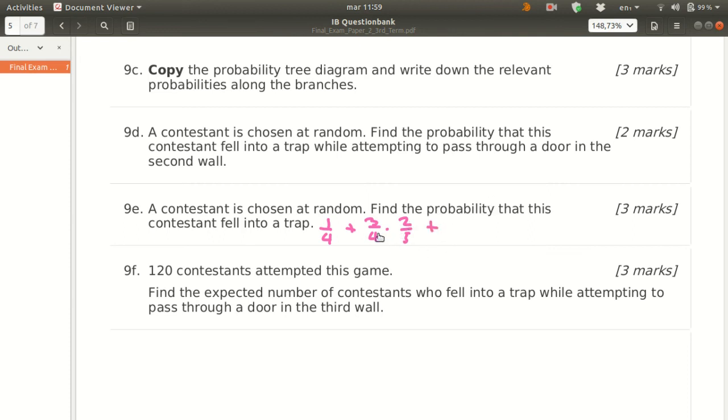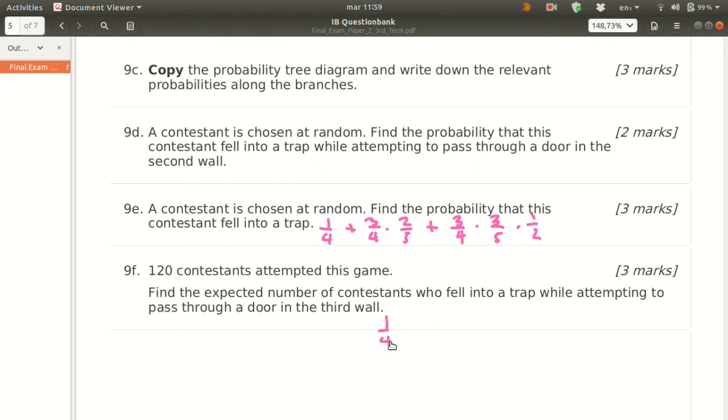Plus 3/4, makes it past the first, times 3/5 makes it past the second, times 1/2 doesn't make it past the last door. These are the three possibilities. He either fails at the first door, fails at the second, or fails at the third. You can calculate in the calculator or do it by hand as well.